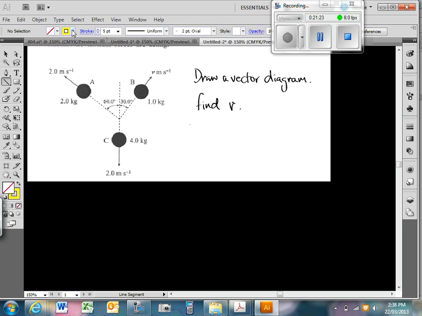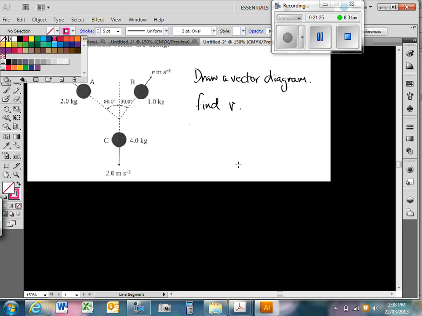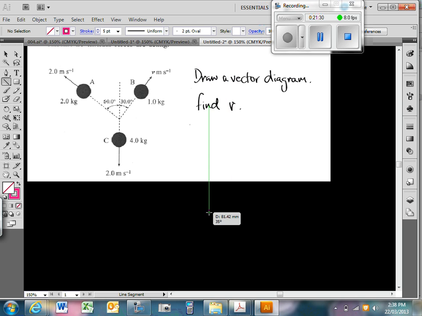I shall do this in pink, works across the colours, or the black and white. Okay, so B is kind of in that direction there, A in that direction, and C in that direction. Make sure I have arrows.